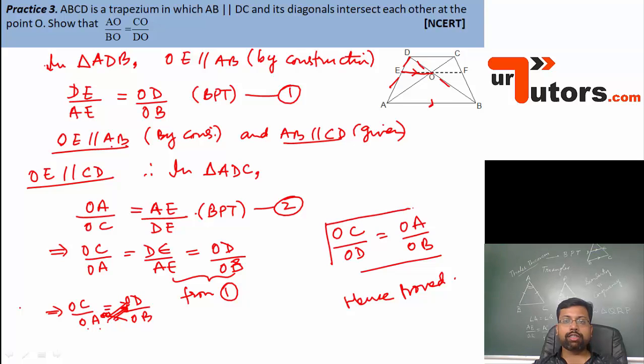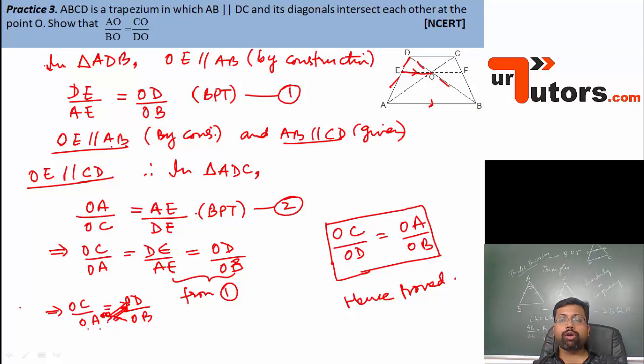So what we see here in this question will be used in the next question that you are going to solve. So in a trapezium, the diagonals intersecting at point O, then AO by OB will always be equal to OC by OD. So you have in a trapezium OA by OB is equal to OC by OD.